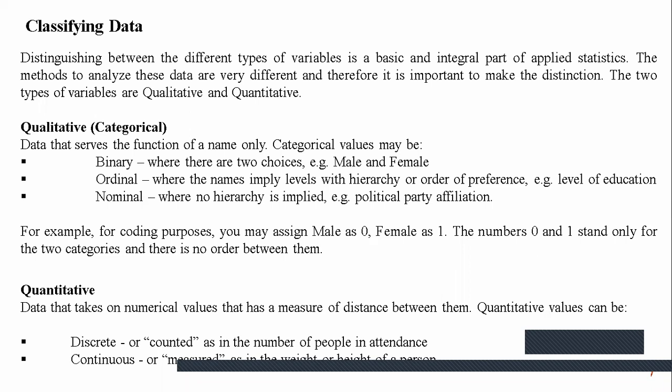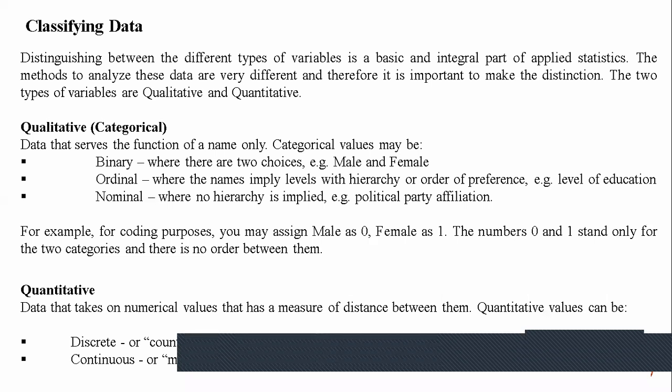For nominal, there is no hierarchy or order to consider, for example political party affiliation. The best example of nominal is gender, female and male.